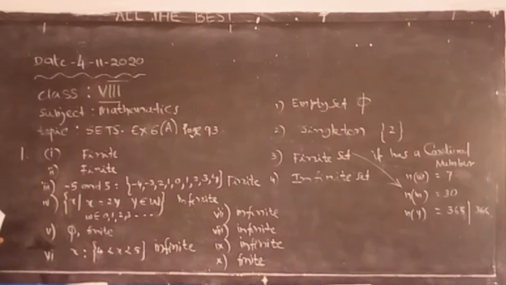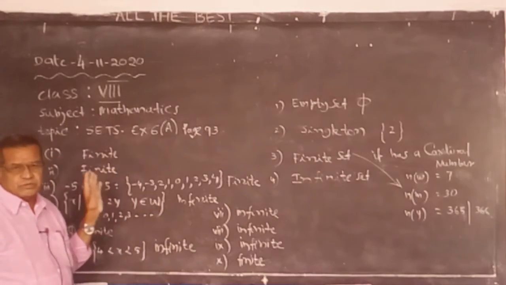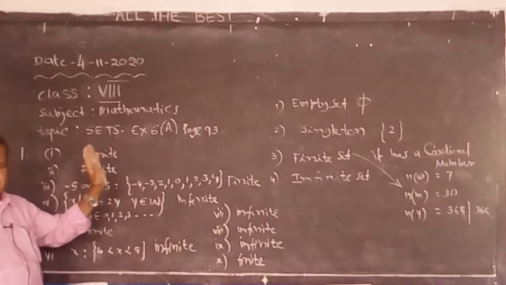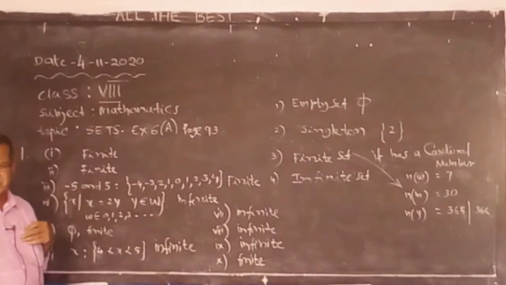Clear? It is easy to understand. In a finite set, we can count the elements. Such sets are called finite. It has both starting and ending. We can start the counting, and also we can stop the counting.